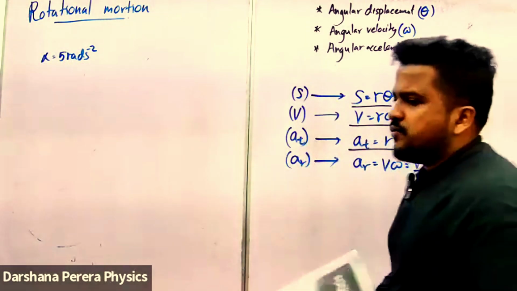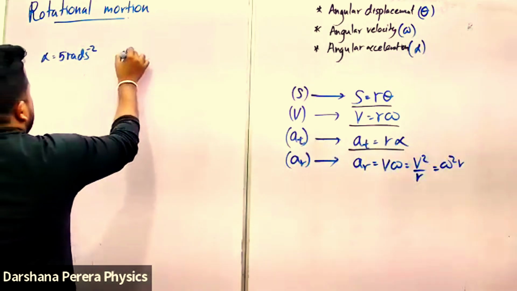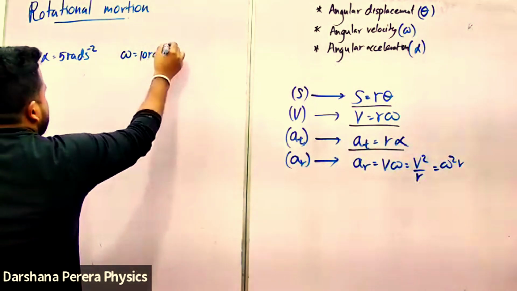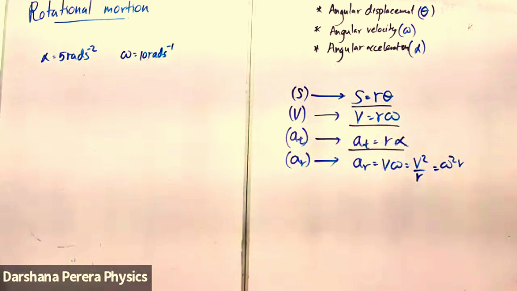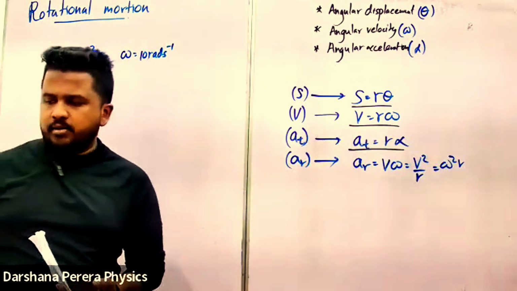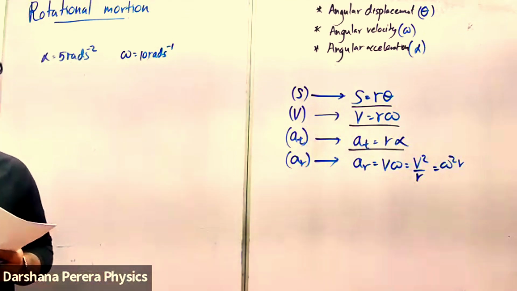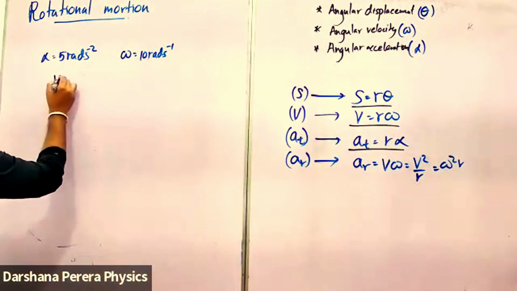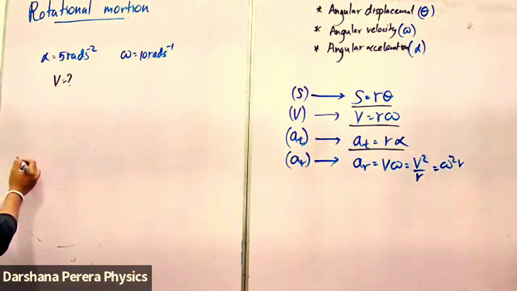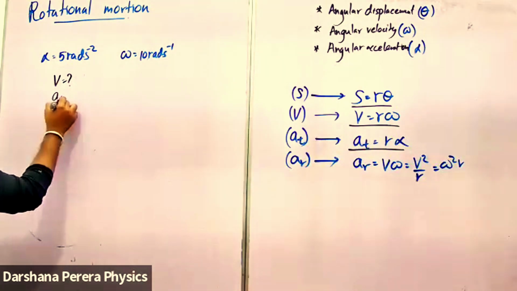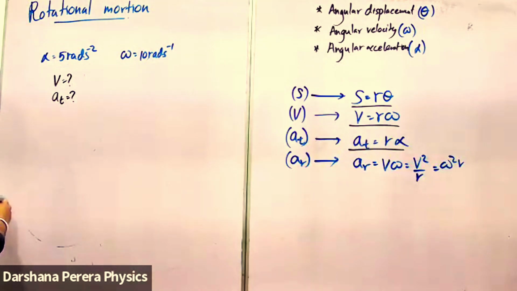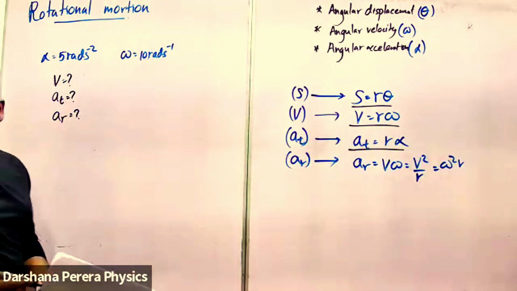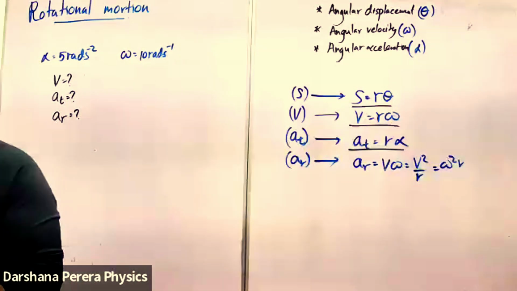When it reaches omega equals 10 rad s^-1, find the tangential velocity, find the tangential acceleration, and find the radial acceleration.